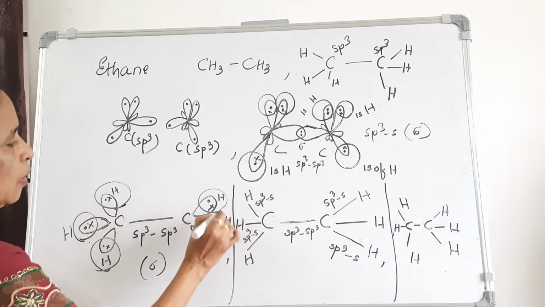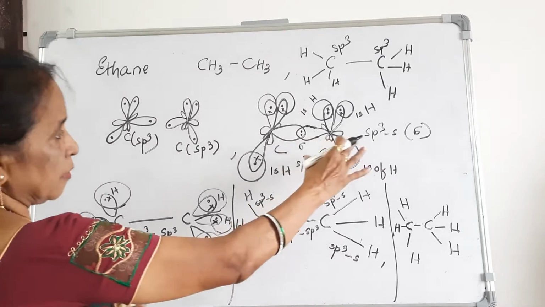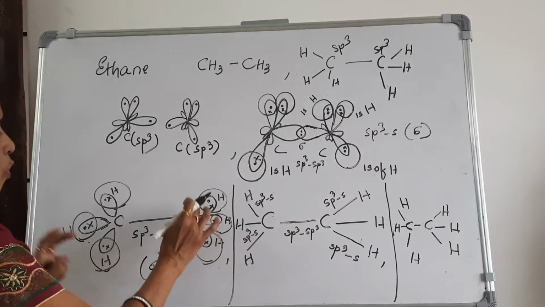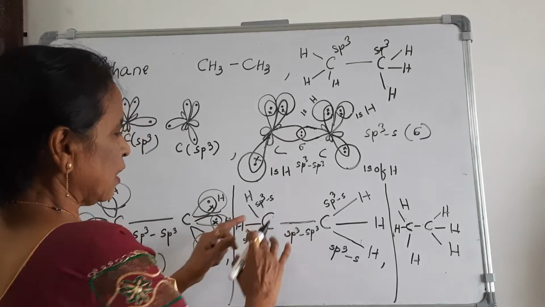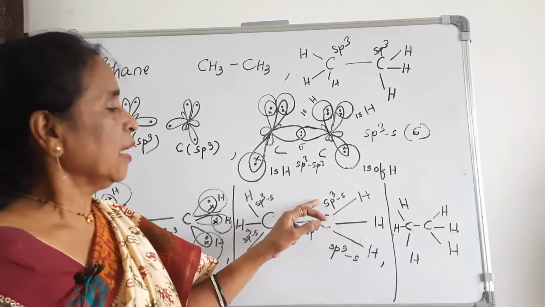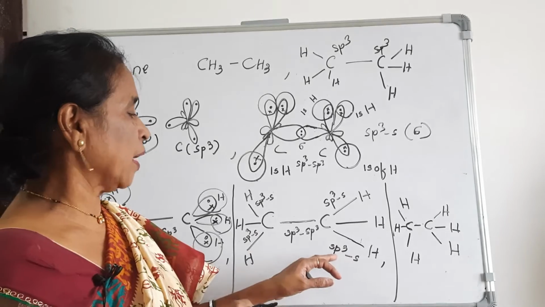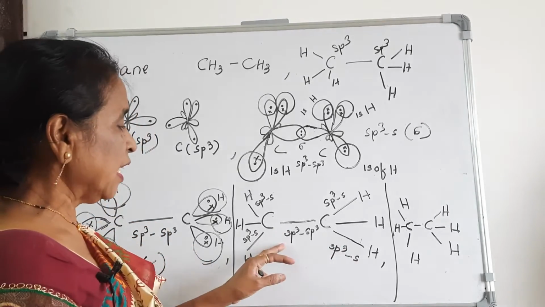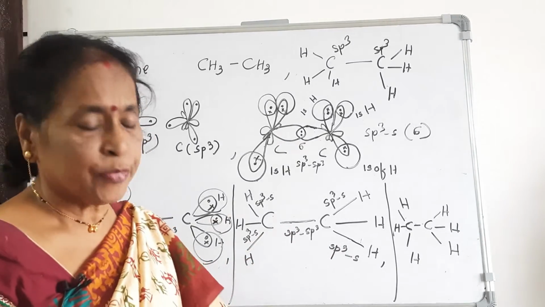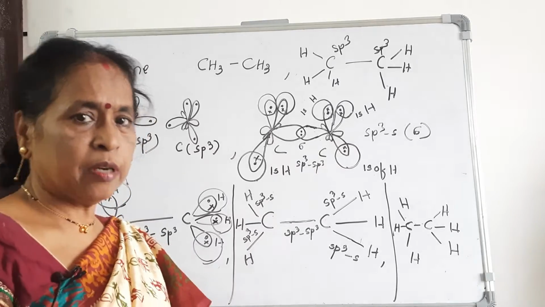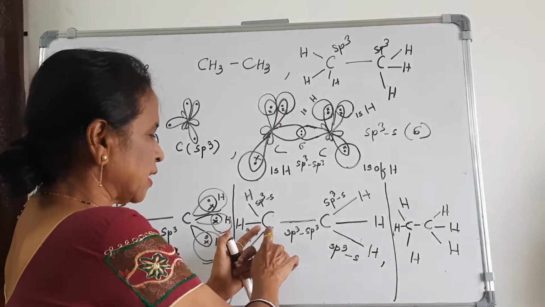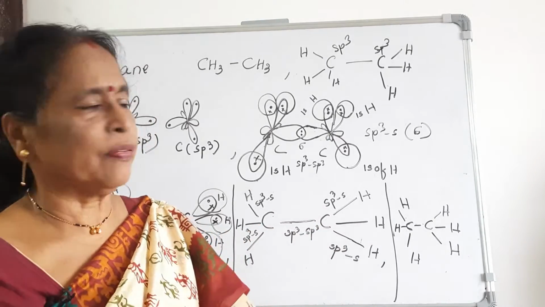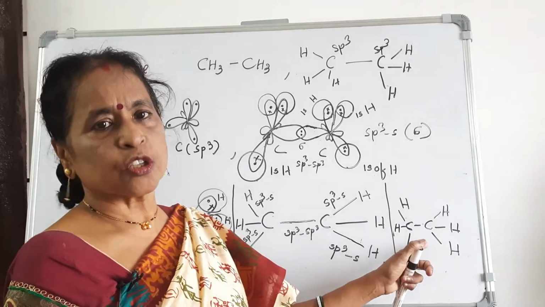I simply want to explain because here it looks maybe complicated. So here 6 bonds form like this, and they are known as sp3-s overlapping. This is also sp3-s overlapping. And now the middle one is sp3-sp3 overlapping. All are sigma bonds, but the 6 carbon-hydrogen bonds are the same, and one is carbon-carbon, that is different. And so this is the structure.